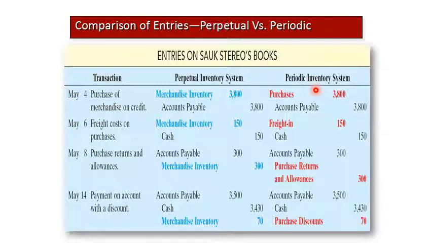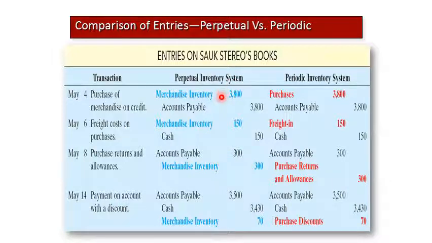But when you are using a periodic inventory system, you have to use the name of the transaction instead of inventory. How is that? When you are purchasing, use purchase. When you record freight cost, use freight in. When you are making purchase return and allowance, use purchase return and allowance. And when you pay on account with a discount, use purchase discount to record your discount.